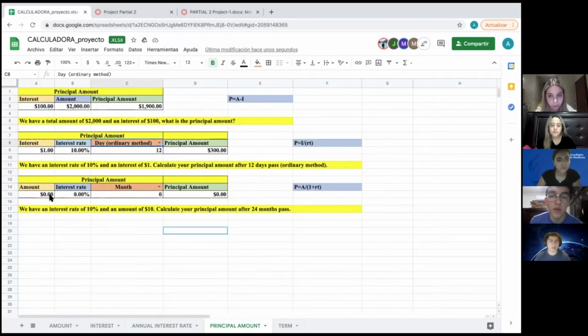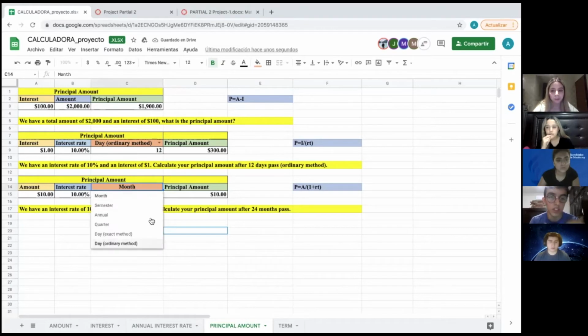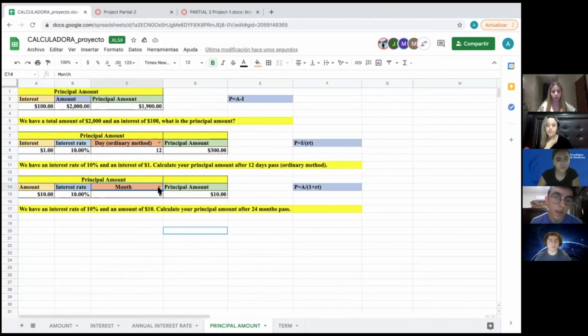And in the third example, we have another formula that is amount over 1 plus interest rate times term. And as with the other chart, we can change our term if we want in months, semesters, annual, etc. But in this case, it asks for 24 months, an interest rate of 10%, and an amount of $10.